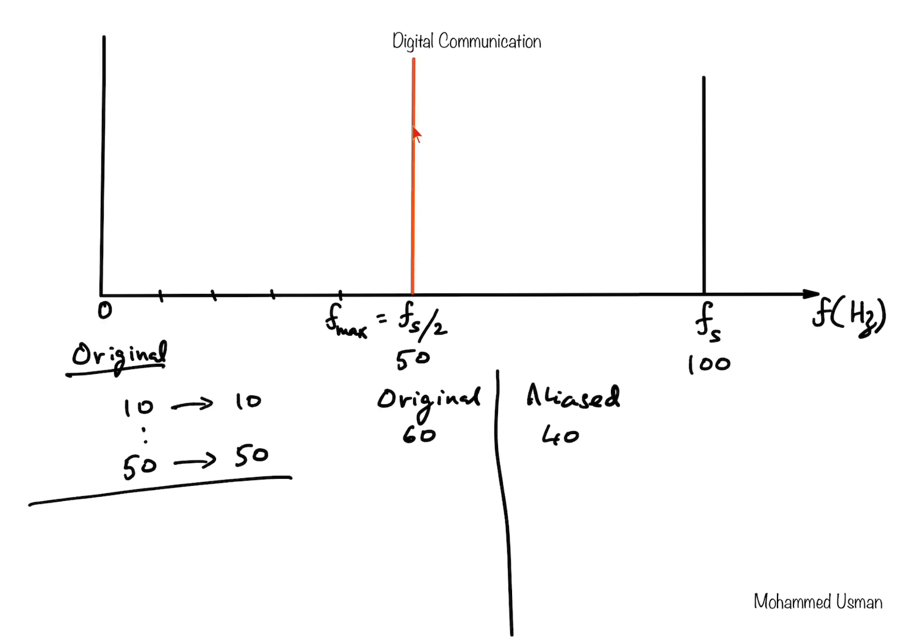So that forms an upper boundary, and we have 0 hertz as the lower boundary. So the reconstructed signal would be bounded between 0 and half the sampling rate. So up to 50 hertz, there would be no problem.